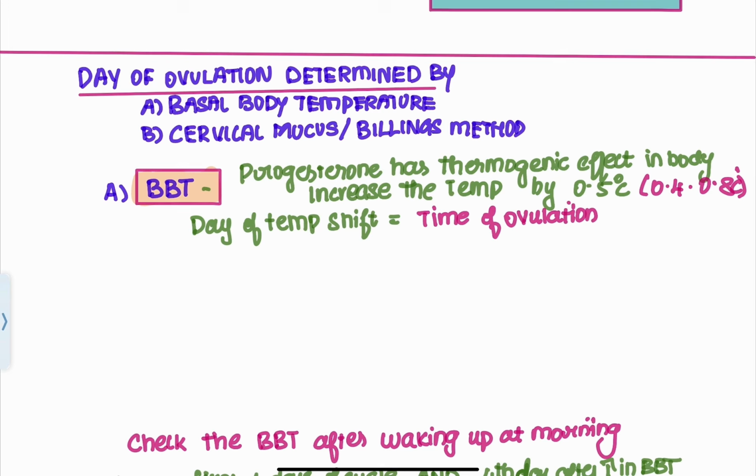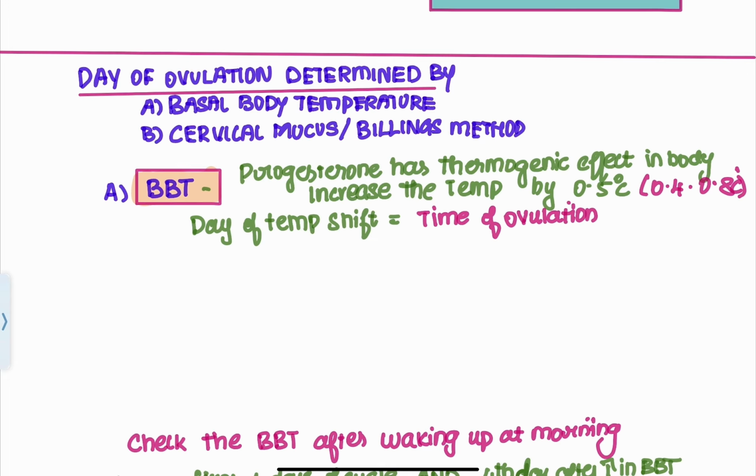That is, progesterone hormone can increase the core body temperature of the female by around 0.4 to 0.8 degrees Celsius. To be even more appropriate, about 0.5 degrees Celsius increase in temperature can be expected from the hormone progesterone.